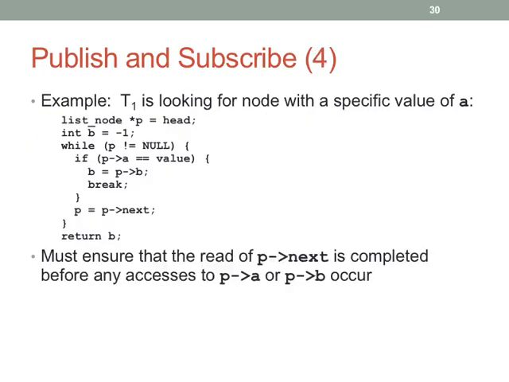Okay. So we need to make sure that... Now this is weird. You may look at this and say, what kind of insane processor would ever violate this rule? We need to make sure that when we read P equals P arrow next, this must finish before we try to access P arrow A and P arrow B. No human being wants to program a processor that can possibly misorder these things.